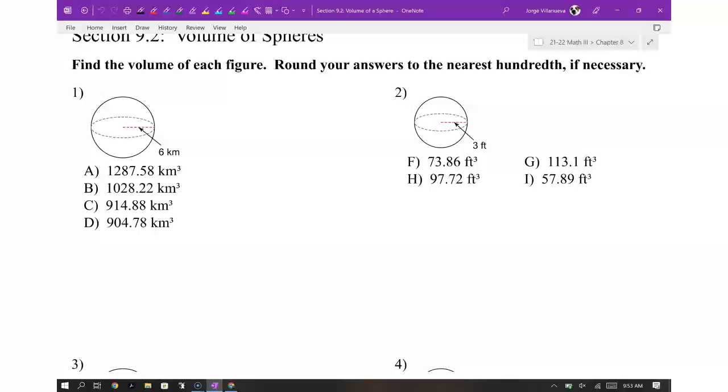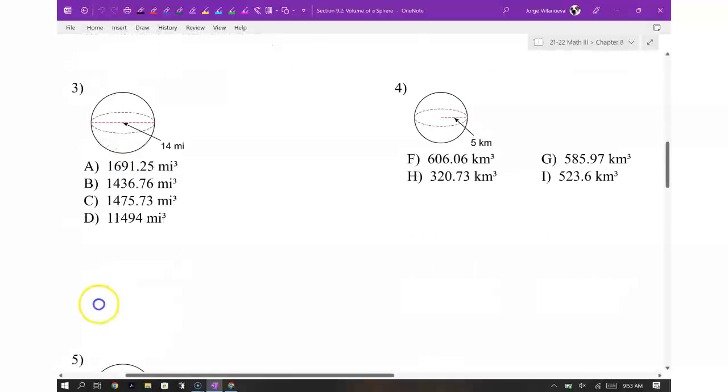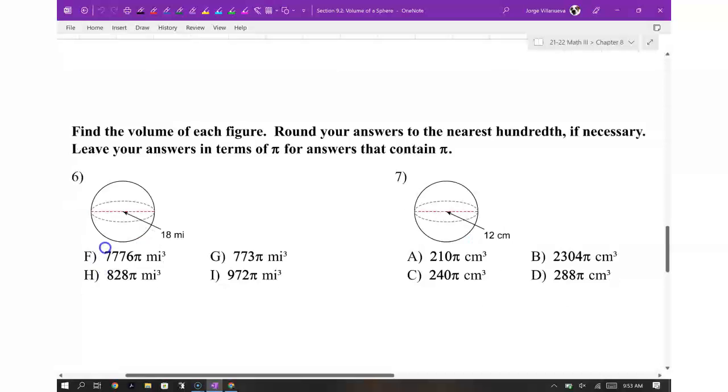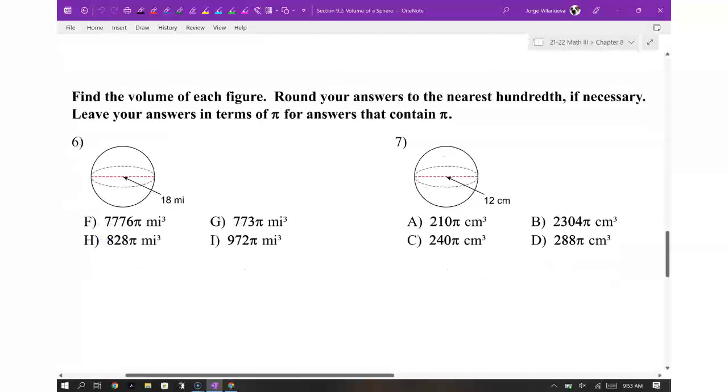There's going to be two types of problems. There's going to be these where they want you to give them an answer with just numbers. So notice the options for A, B, C, D, F, G, H, I, etc. They all have just numbers with decimals. And then after that, there's going to be another set of problems which are going to look identical, but the instructions are a little different.